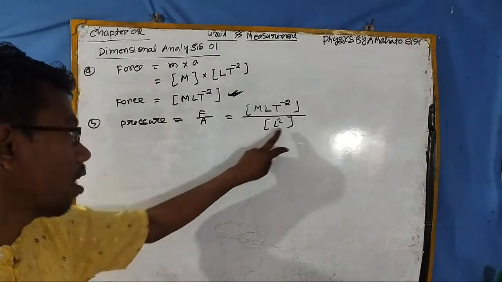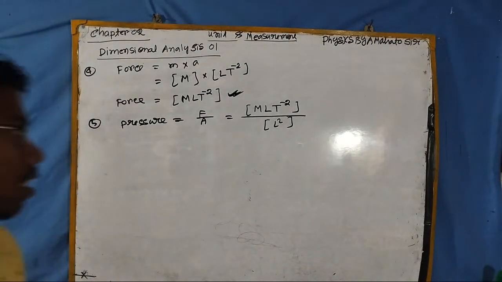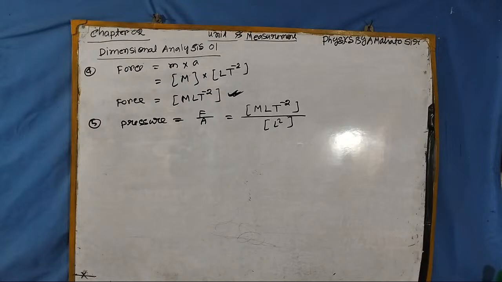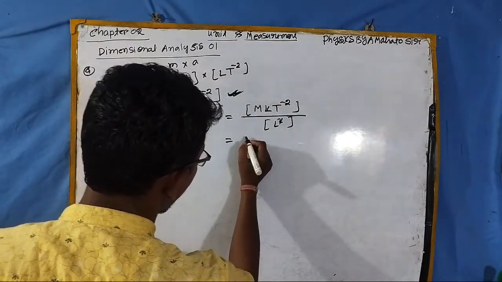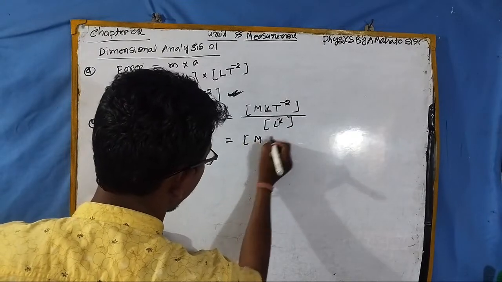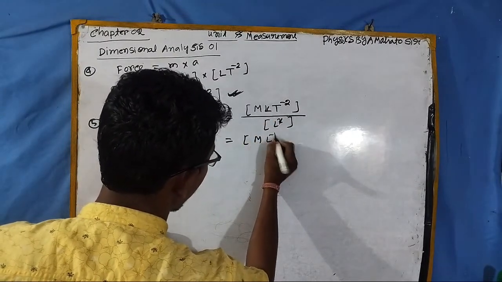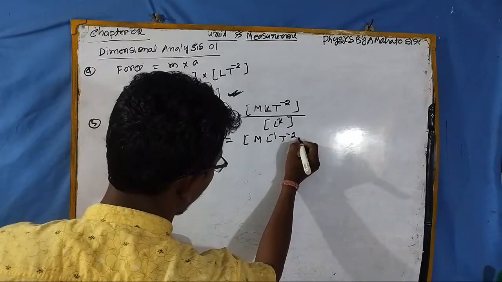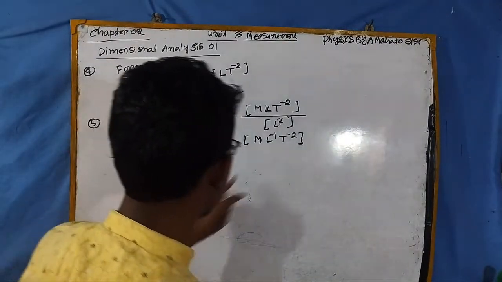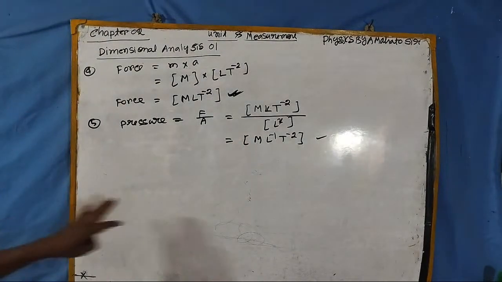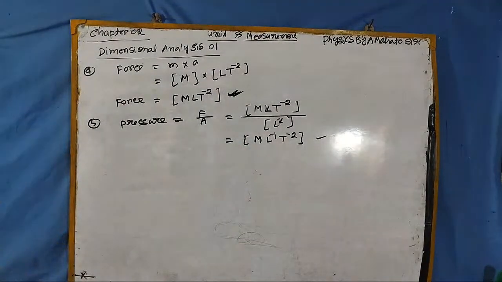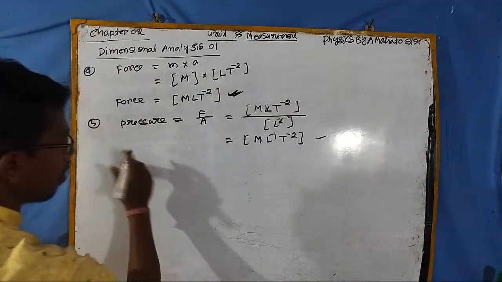L into L is L squared. So one L is cancelled, giving ML^-1T^-2. This is the dimension formula of pressure.